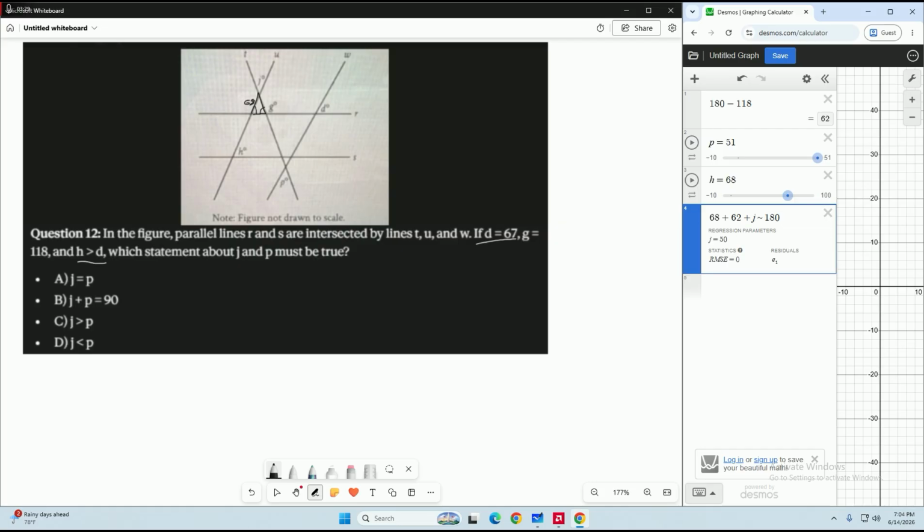Instead of saying 68, I'm going to say H. Let's take a look at what happens if I simulate random values for H such that it satisfies this inequality.